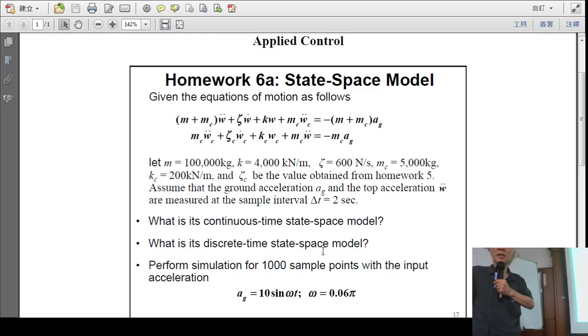The discrete time state space model is very easy to do simulations with. It's algebraic. You don't have to integrate your equations. But to convert from a continuous model to a discrete model, that's something you have to do. It's easy to do.